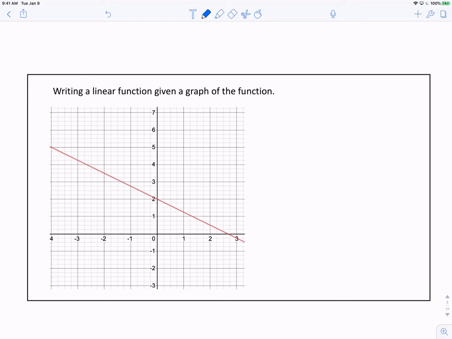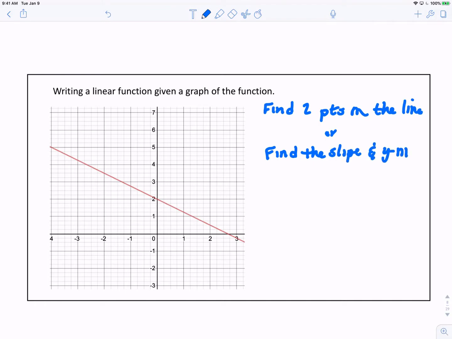Another way we can be asked to write a linear function is by being given the graph. Now there's 2 ways you can do this. Either you can choose to find 2 points on the line, and use the process that we just talked about, which was find the slope and use a point in the point-slope formula, or we can just find the slope and the y-intercept from the graph.